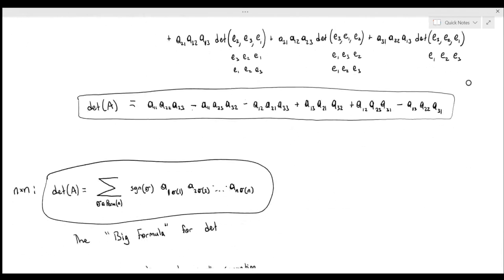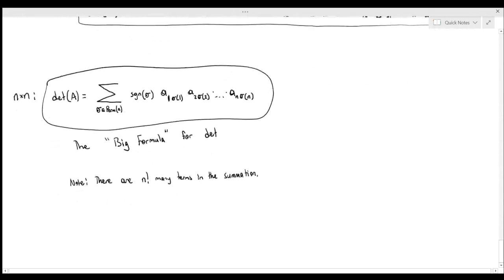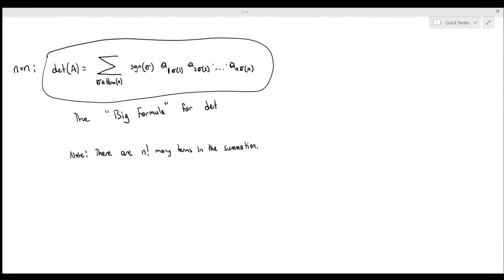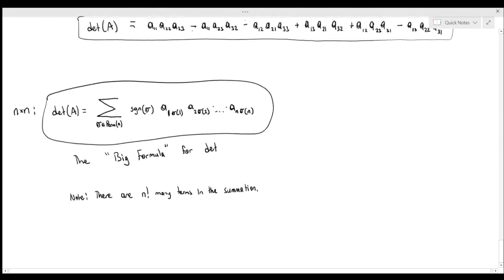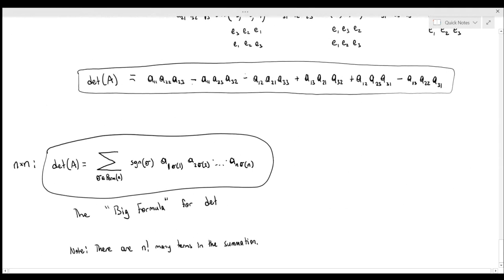Okay, so here's the general formula for an n by n matrix. Let me explain that formula. What's happening is similar to what you see here.